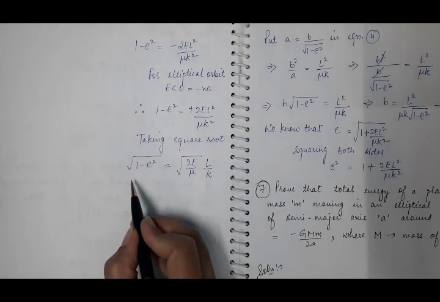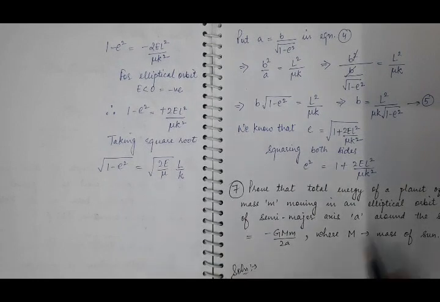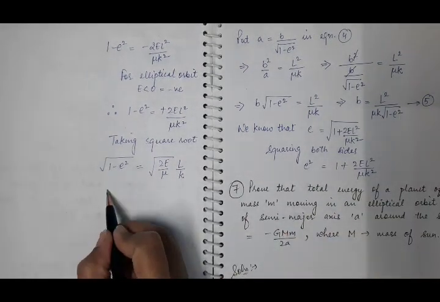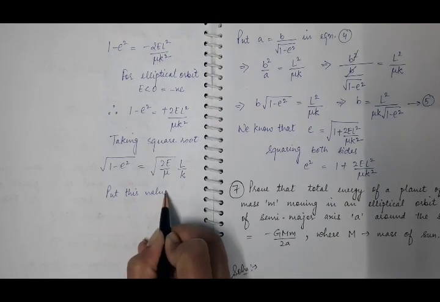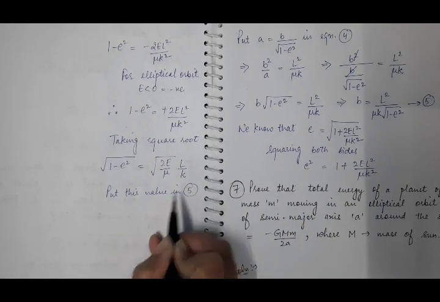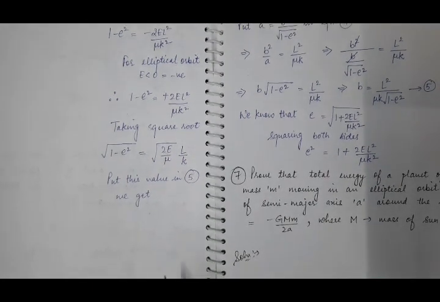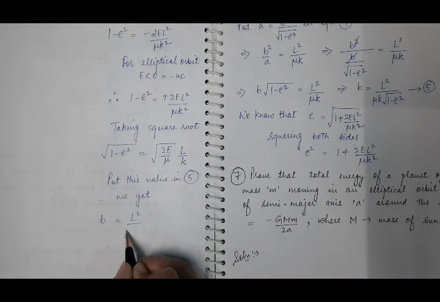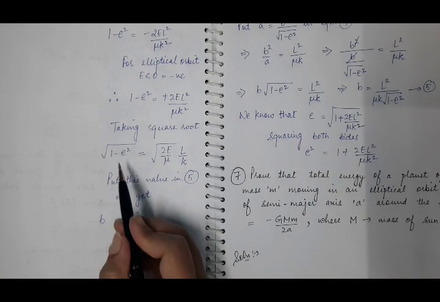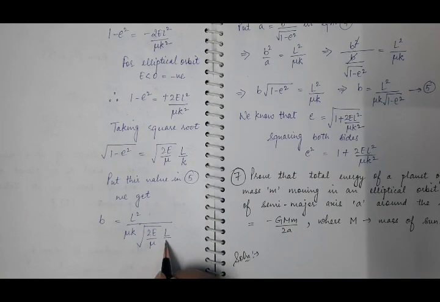So now put this value in equation 5th, in this equation. We get b equal to L square by mu k, and the value of this is root 2E by mu into L by k.